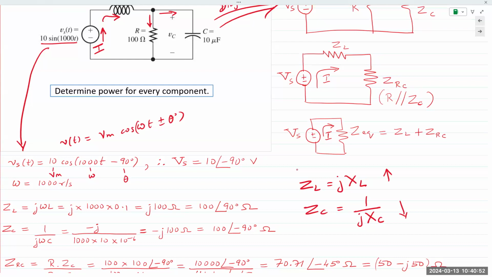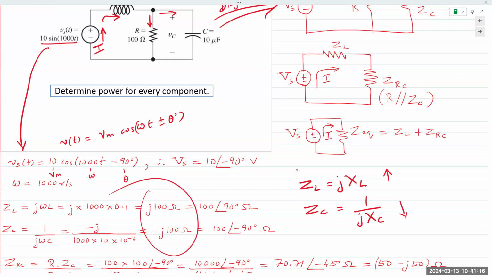So ZL, j omega L, gives me a value of j100 in rectangular coordinates. ZC is minus j100. Because I do not have a programmable calculator, I always find all quantities in both polar and rectangular coordinates.